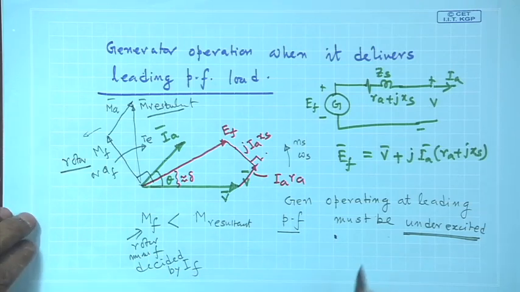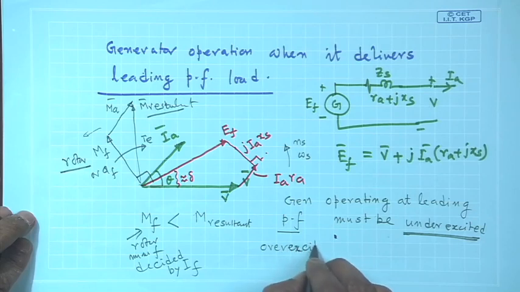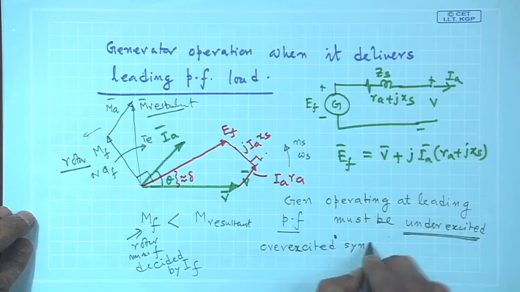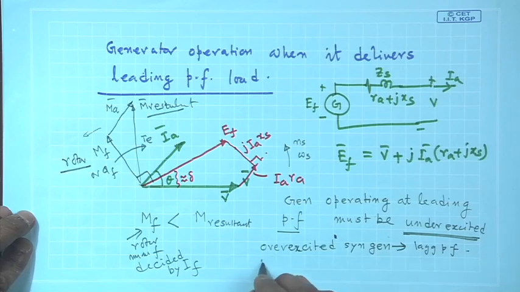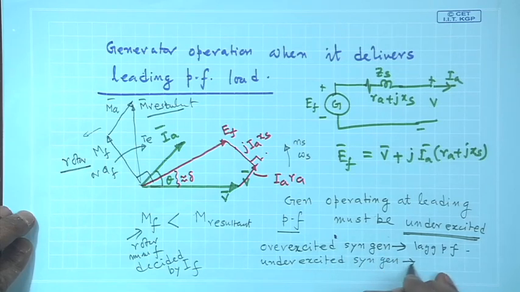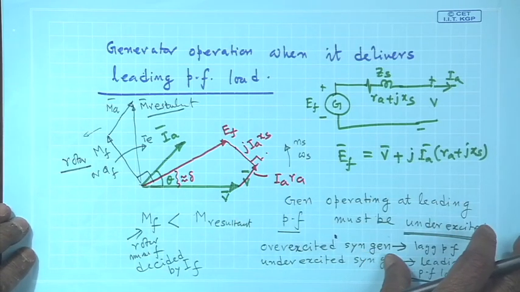Earlier we have seen that an over excited synchronous generator supplies lagging power factor load, and an under excited synchronous generator will supply leading power factor load. Is that clear? Therefore, this is how this can be done.